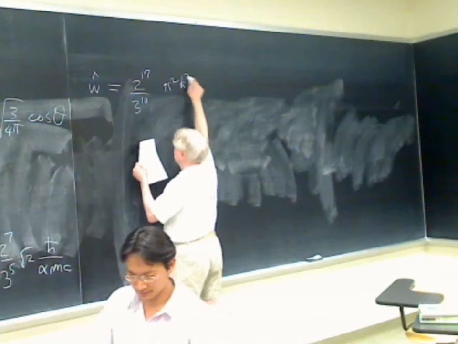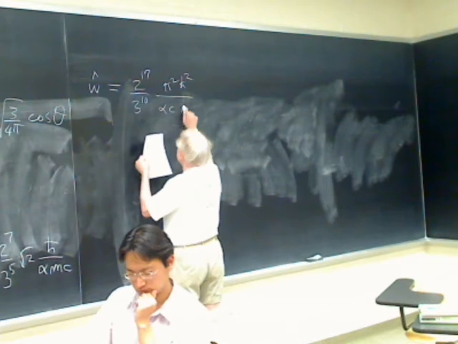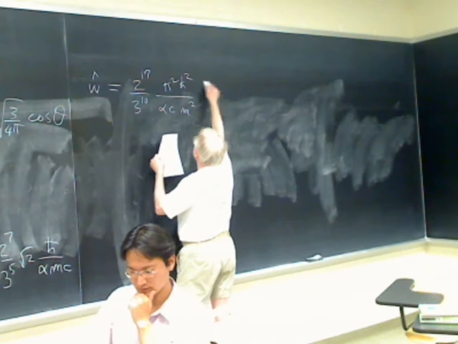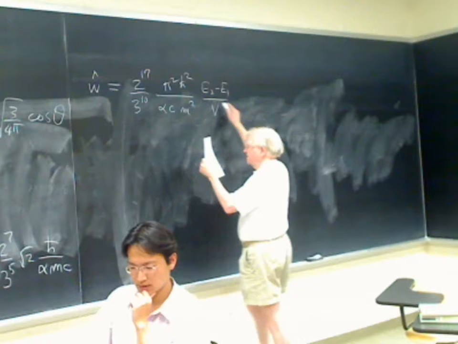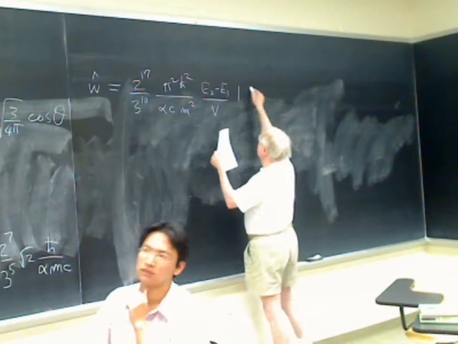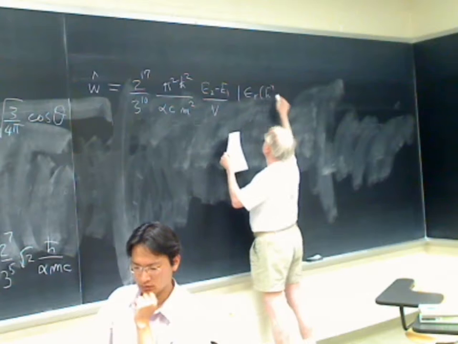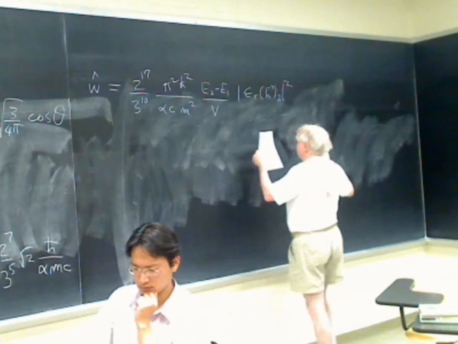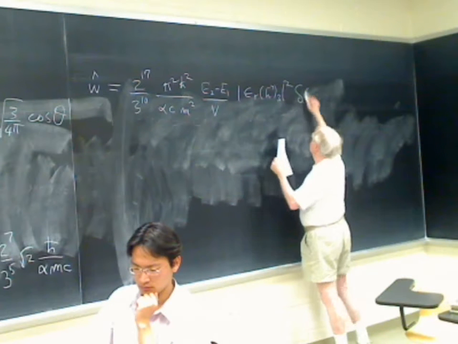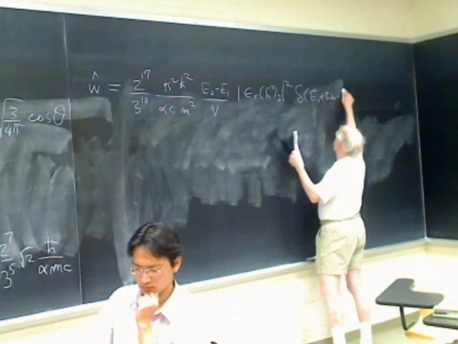Pi squared h bar squared over alpha c m squared, E2 minus E1 over the volume of quantization, epsilon sub r of k sub 3 absolute value squared, and then this final state delta function, E1 plus h bar omega minus E2.